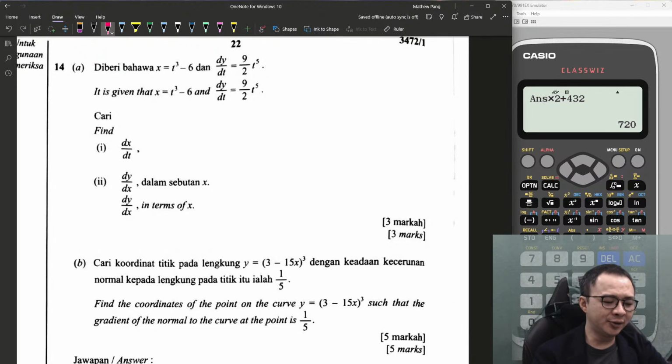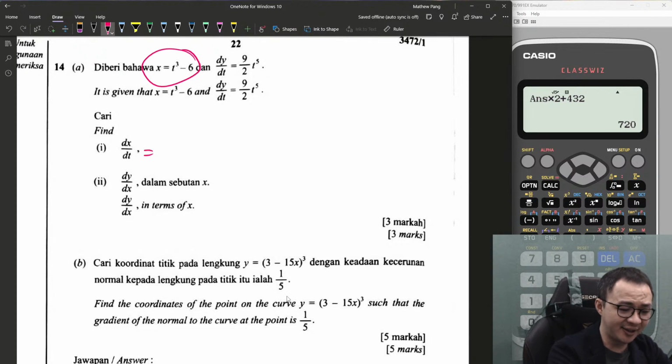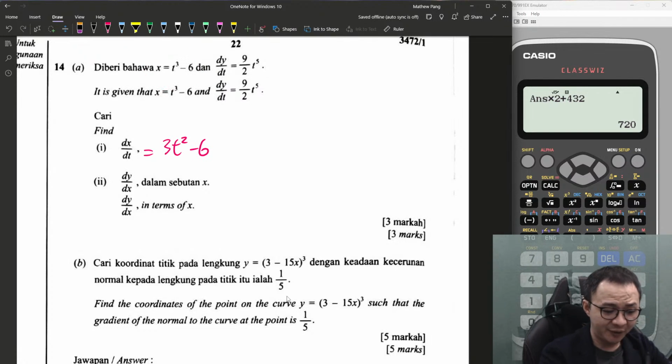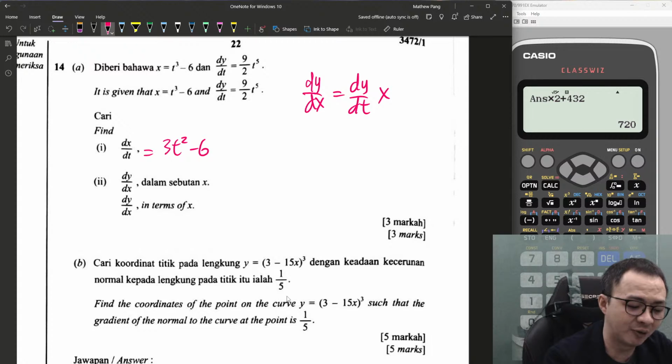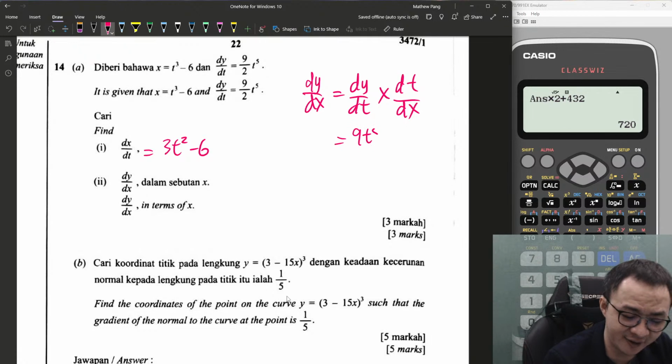Okay, so dx dt, we differentiate this one only, right? dx dt is basically 3t squared minus 6, done. Okay, then we want to find dy dx, chain rule, right? dy dx is basically dy dt multiply dt dx, right? So dy dt is 9t to the 5 over 2. dx dt, this one, so dt dx is 1 over.